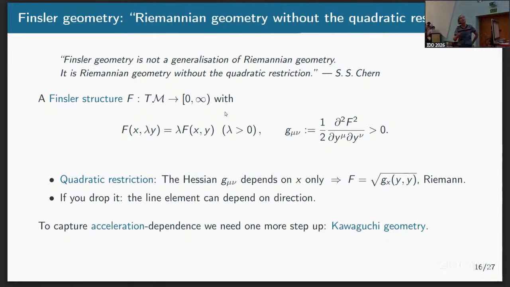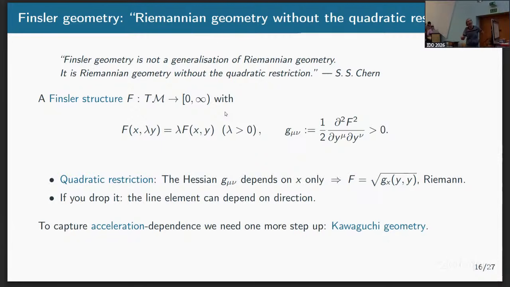So Finsler functions satisfy the homogeneity property, and the Hessian is strictly positive. And what is the quadratic restriction? If you restrict the Hessian to depend only on x, not on y, you just get Riemann.